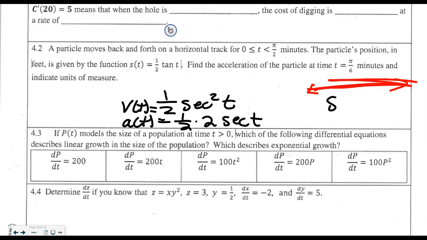Just like if it was sine squared x, you'd say 2 sine x times the derivative of the guts, correct? So this is 2 secant t to the first, technically. But if that was a 3, it'd go to a 2. If that was a 4, it'd go to a 3. Times the derivative of secant. What's its derivative? Secant tangent. So I chose that one for the memorization of it. Do you get that? Why I chose it?